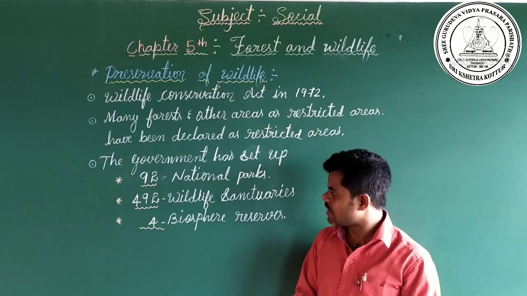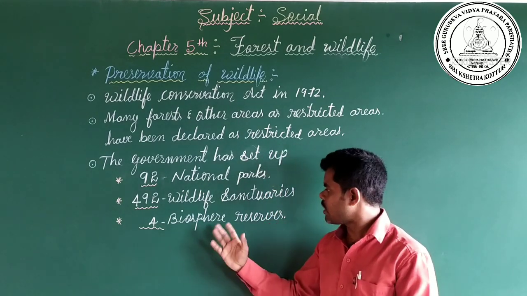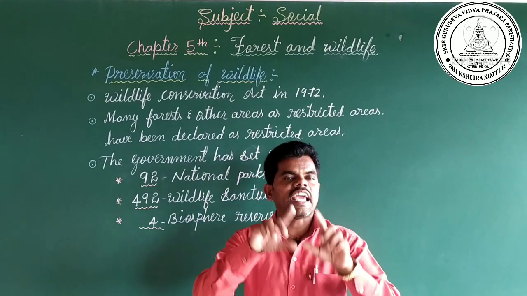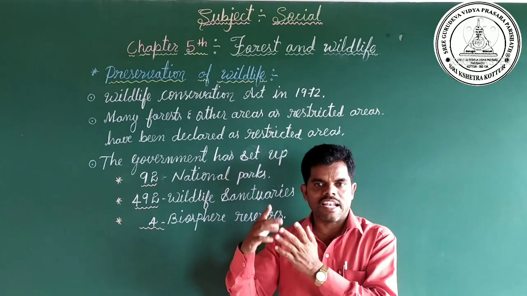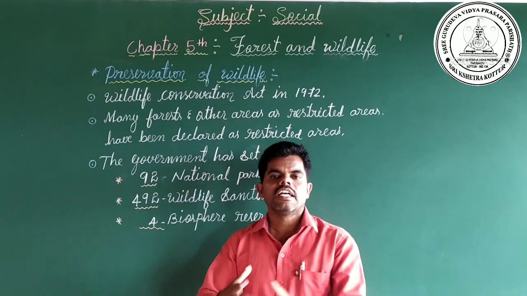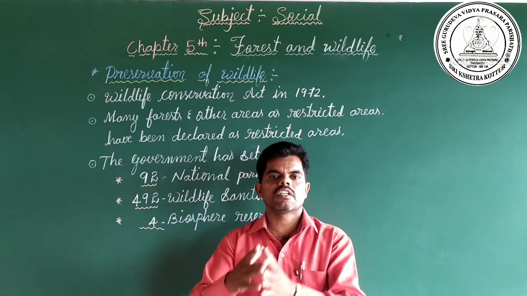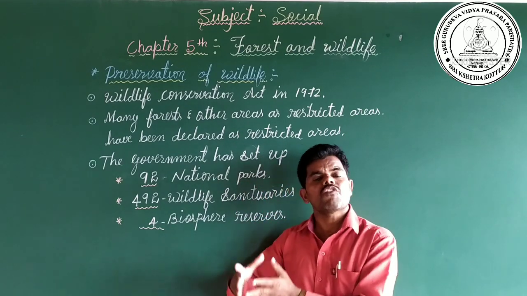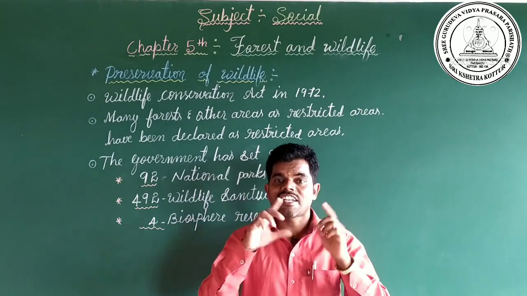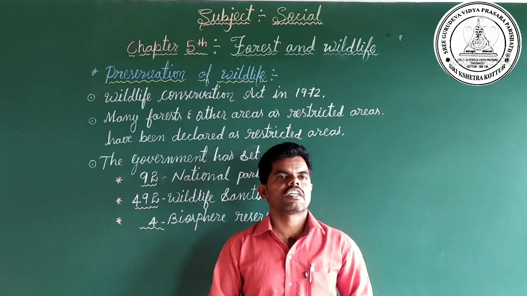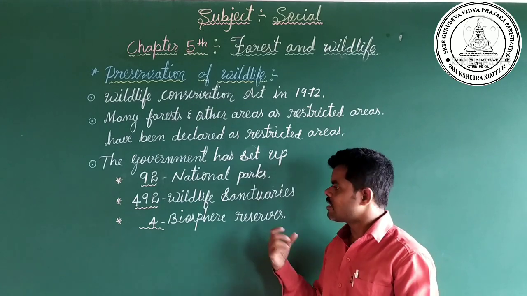The third thing is 4 biosphere reserves. A biosphere reserve is an area of land or water that is protected by law to support the conservation of wildlife. That is what we call a biosphere reserve.